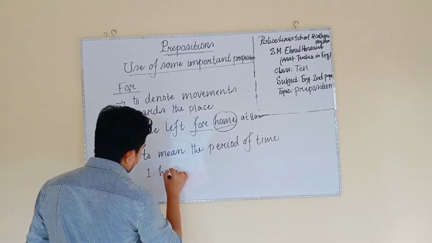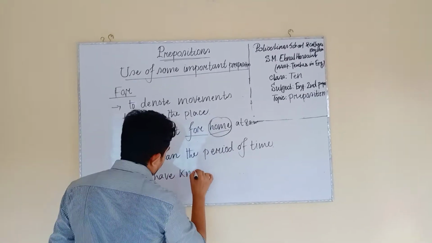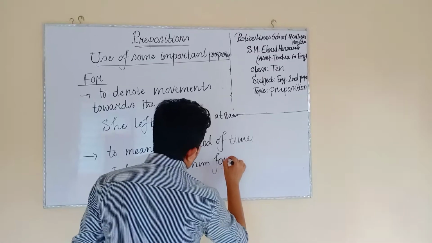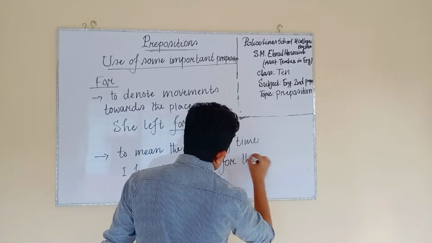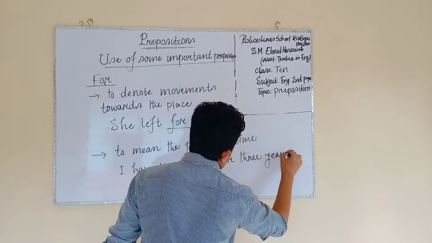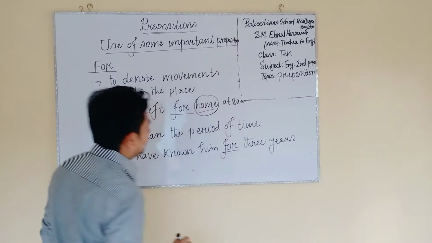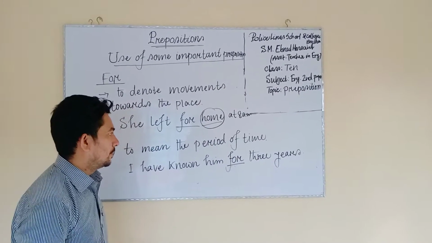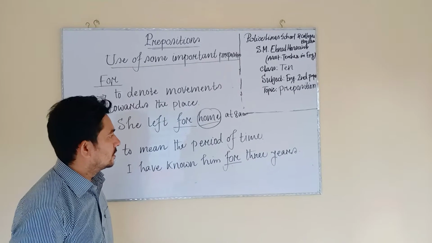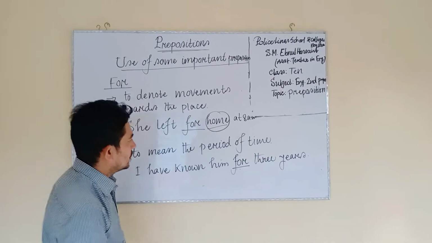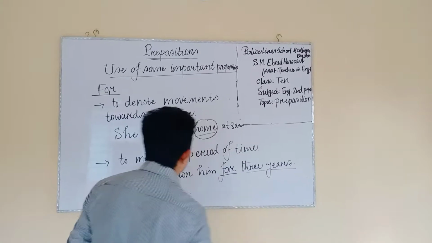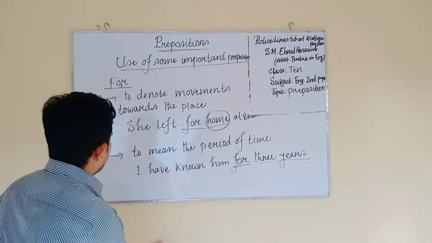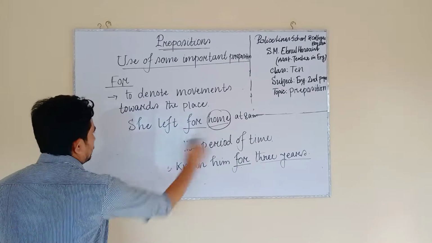I have known him for 3 years. Here for is used to mean the period of time. The period is 3 years. This is a period of time, and for is used before this period of time. So this is the use of for. Let's have another preposition.